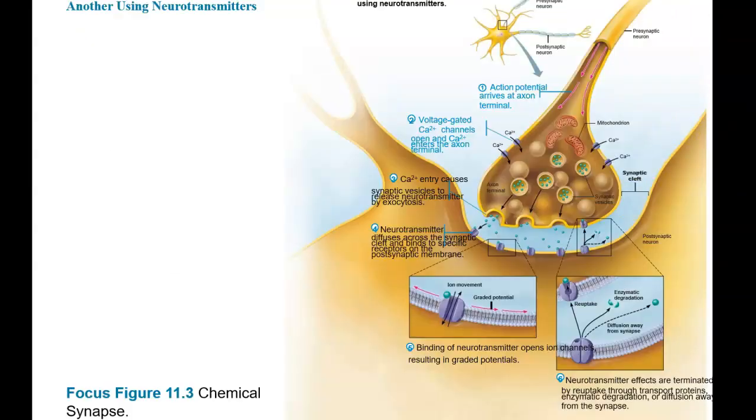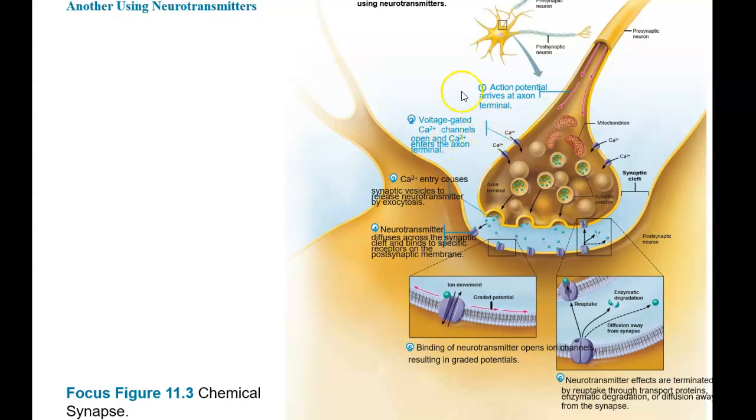So we have an action potential coming from, let's say, this neuron here, the presynaptic neuron, because this is the one that's sending the signal. That signal is traveling along the axon of this neuron. And then the action potential is going to arrive at the axon terminal. There, the action potential is going to open the voltage-gated calcium channels.